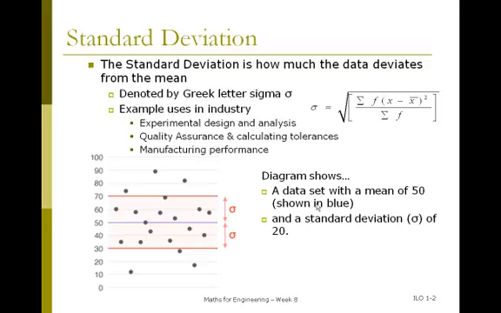If you want to check for other example uses in industry, if you type in standard deviation and, for example, engineering in Google, numerous applications will appear if you search within.